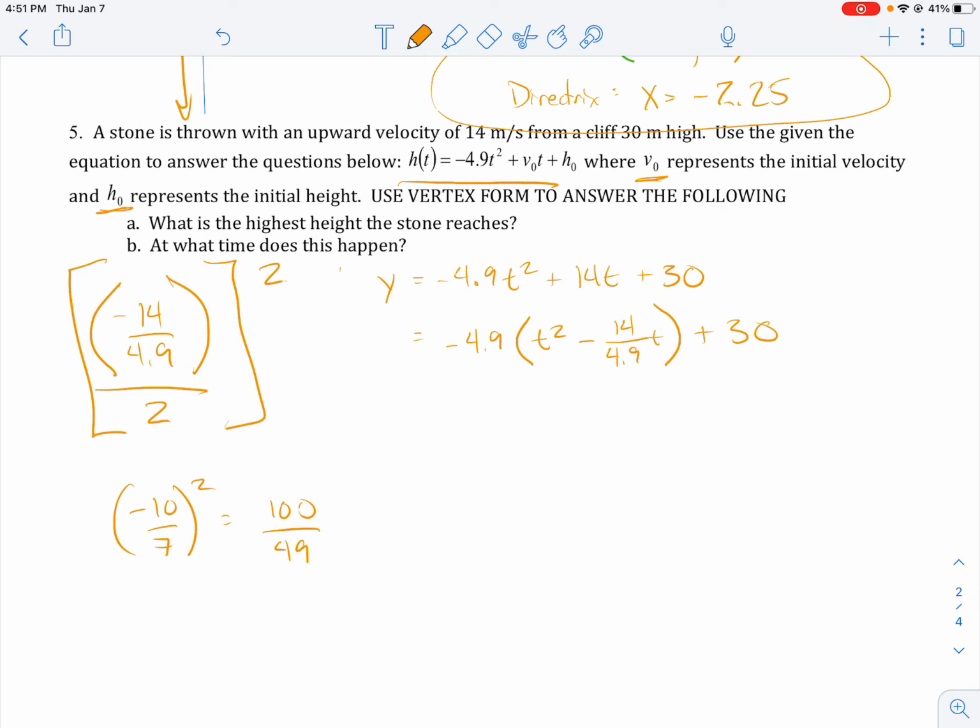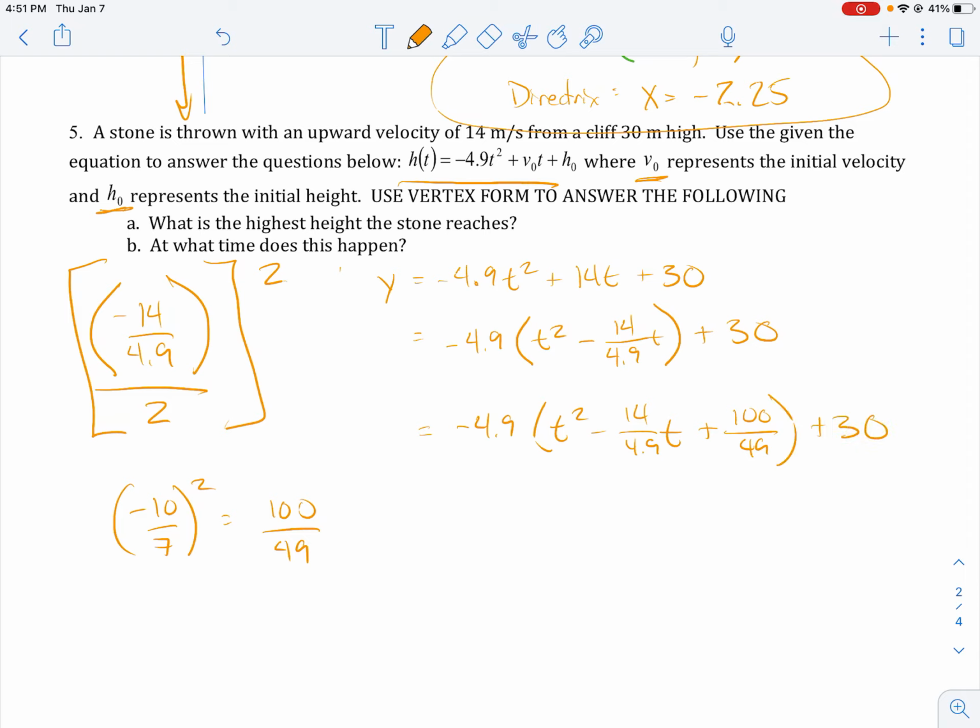Okay, and so that is what I have to add to both sides. So negative 4.9 t squared minus 14 over 4.9 t plus 100 over 49, okay, plus 30.